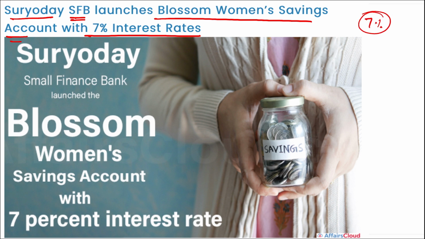The account was created to support women, to enable them to confidently save, invest, and move towards achieving their financial goals. Any individual woman who is 18 years of age can apply for this particular account, and here the minimum average balance should be 10,000 rupees per month. All right, monthly 10,000 you should have in your account. This is the minimum balance.